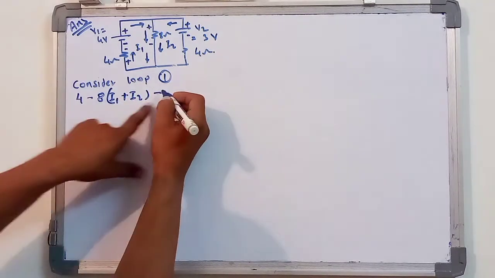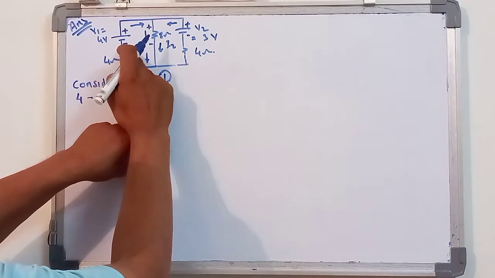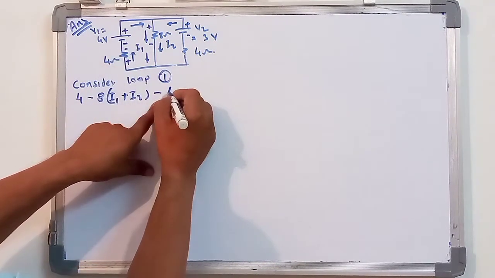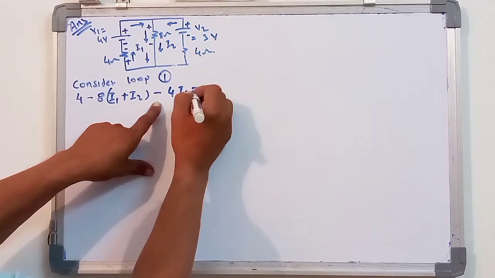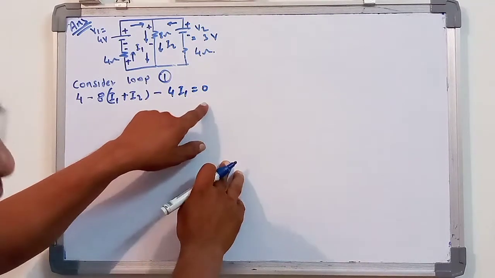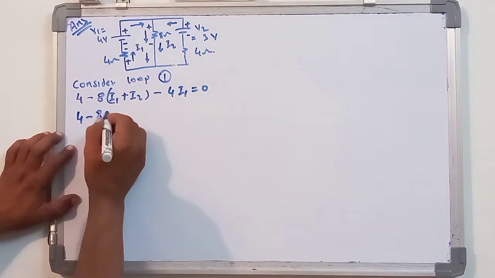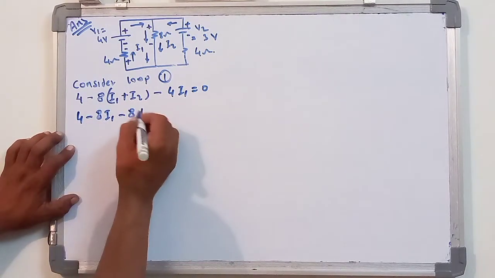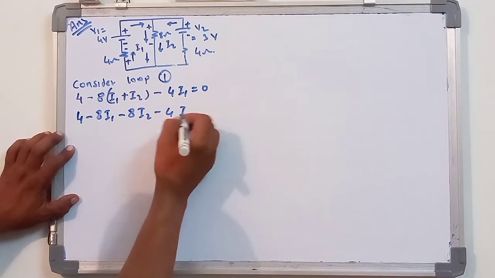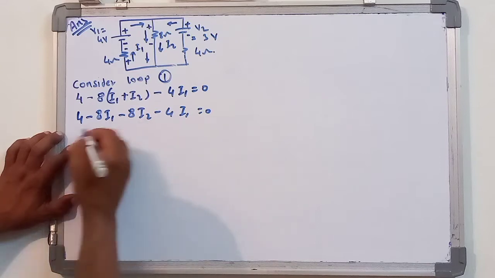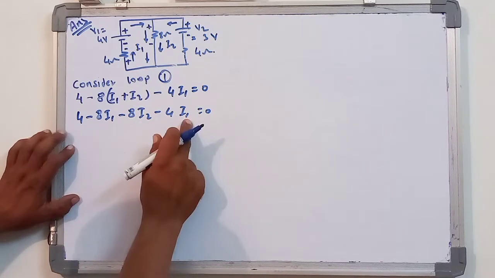Okay, minus, here the minus value has been assigned to the next terminal, minus 4I1 is equal to 0. Now you rearrange the terms. It is 4 minus 8I1 minus 8I2 minus 4I1 is equal to 0. Here 8 and 4, the I1 terms are common.